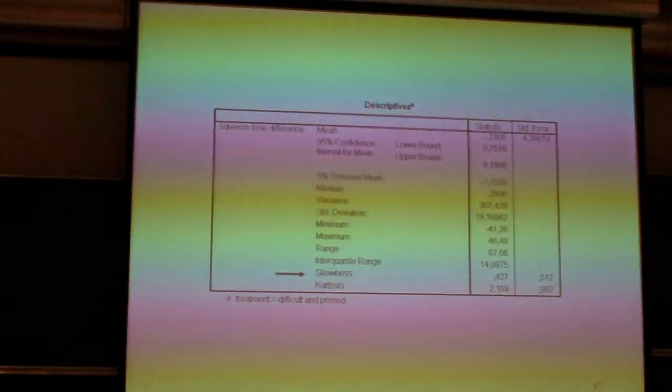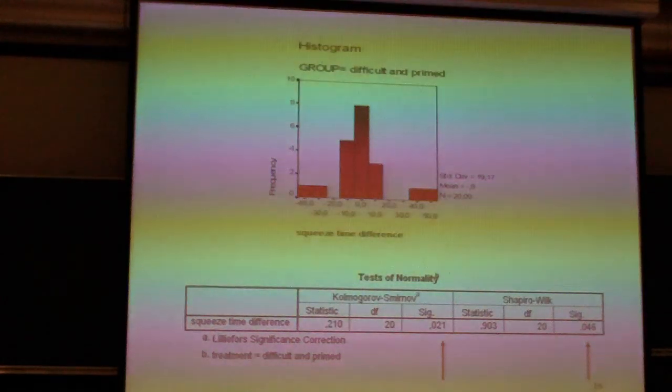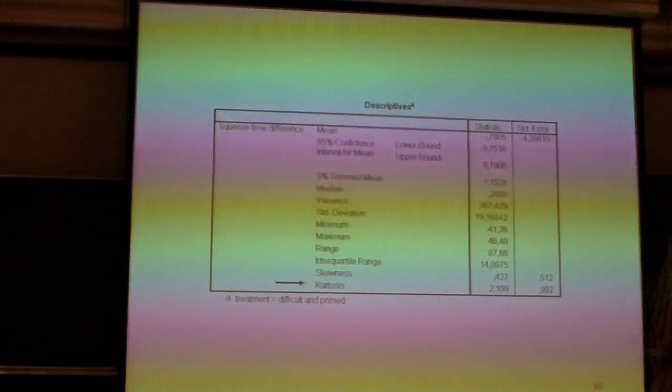So it would be reasonable to adopt the null hypothesis that this particular sample of observations has been drawn from a normally distributed population. Then we have the final measure, which is known as kurtosis, which tells us how flat a particular distribution is relative to the normal distribution.